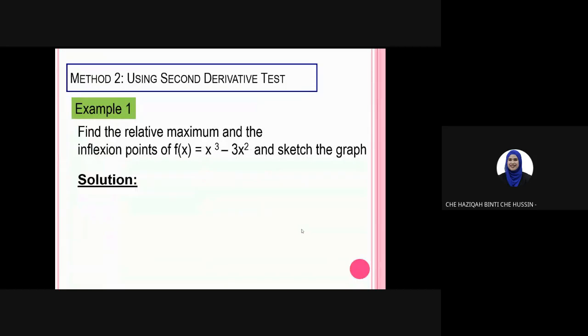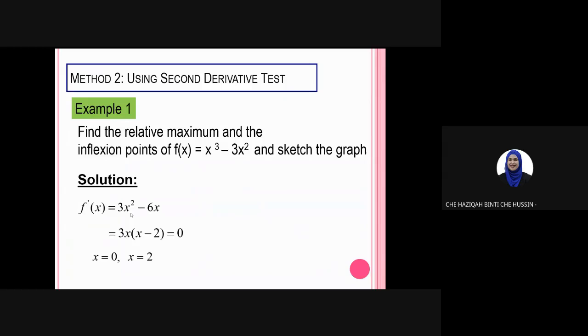We look at example 1 by using the second derivative test. First, find the relative maximum and the inflection points of f(x) equals x cubed minus 3x squared, and we will sketch the graph. What we need to do first is find the first derivative.